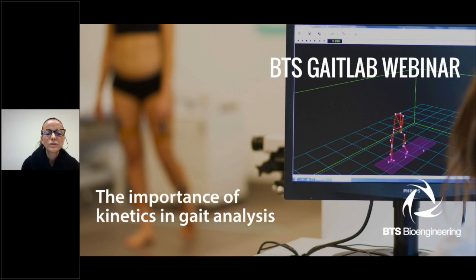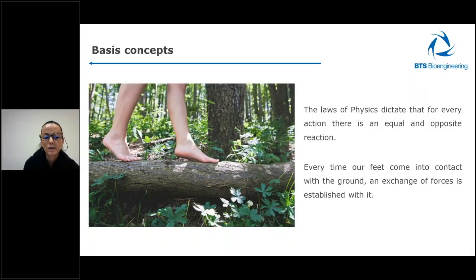I would like to start by recalling a theoretical concept based on the laws of physics, and that we have surely studied at school. For every action, there is an equal and opposite reaction. So every time our feet come into contact with the ground, an exchange of forces is established with it.